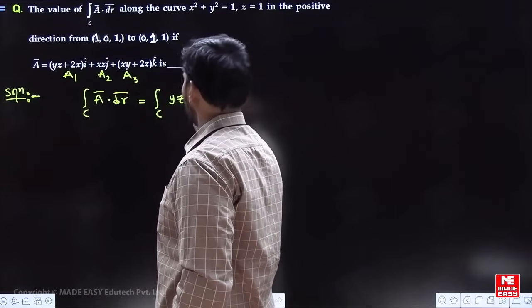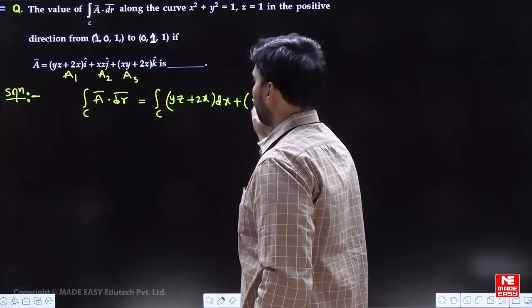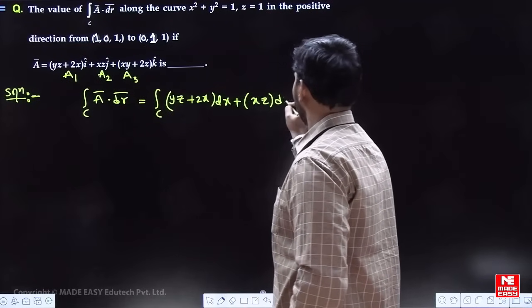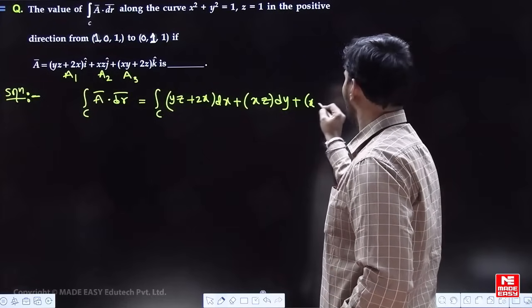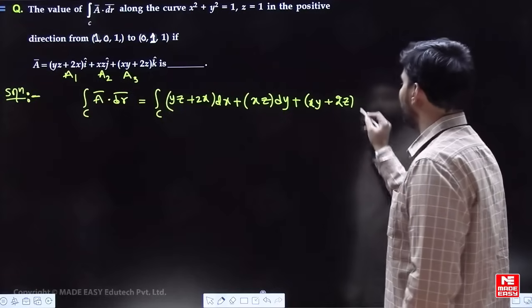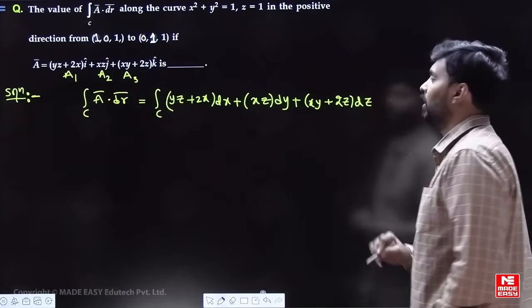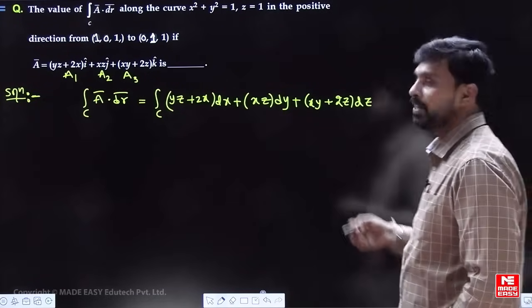So this dot product can be written as (yz plus 2x) dx, plus xz dy, and then plus (xy plus 2z) dz, right?